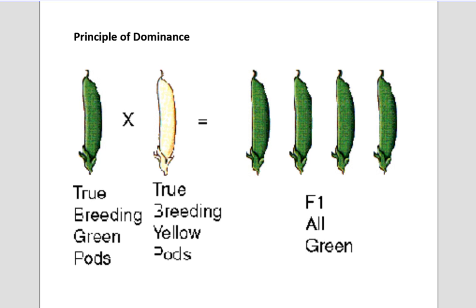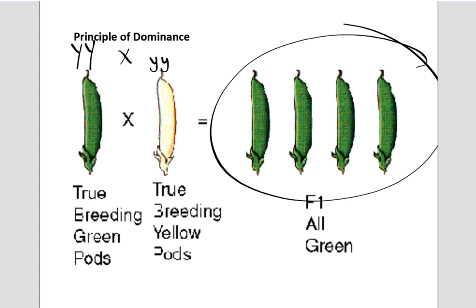True breeding yellow, because yellow is recessive, will only make yellow. So here you have, if you want to do it with Y's, big Y, big Y, and over here you have little y, and he crossed them together. Well, what happened? Where'd the yellow go? Remember, it is masked by the dominant allele.